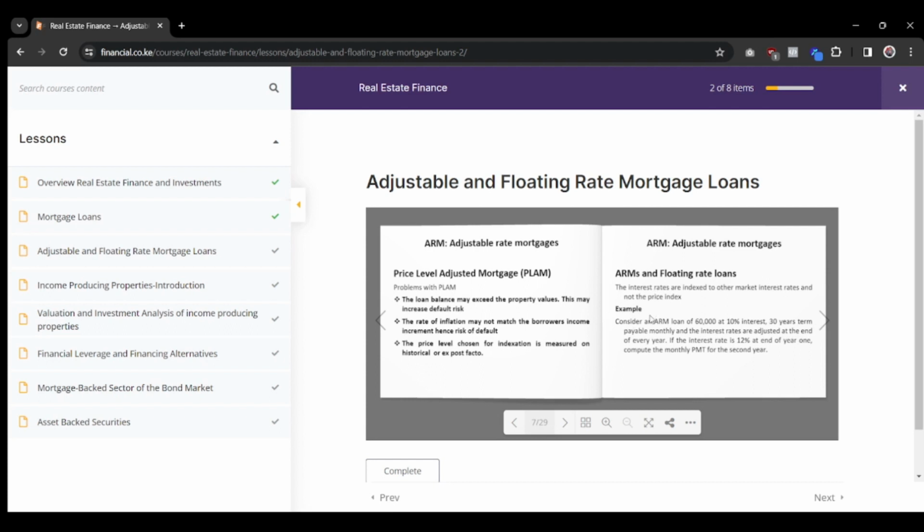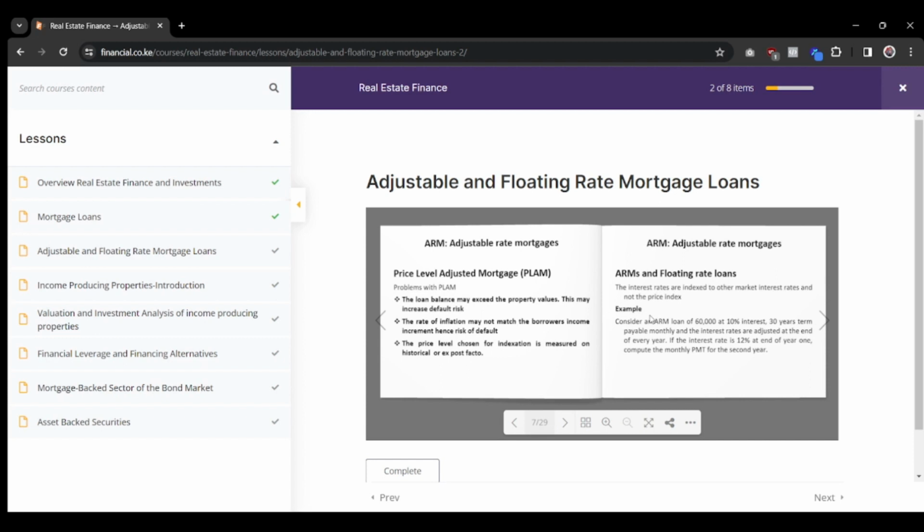Now let's look at adjustable rate mortgages and floating rate loans. The interest rates for these loans are indexed on other market interest rates and not the price index.